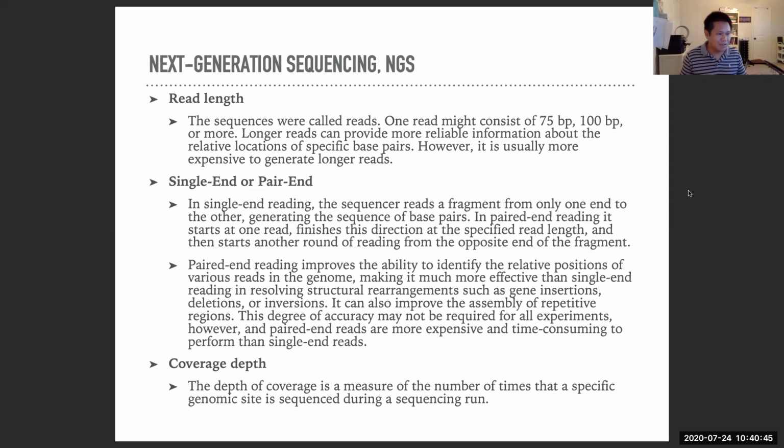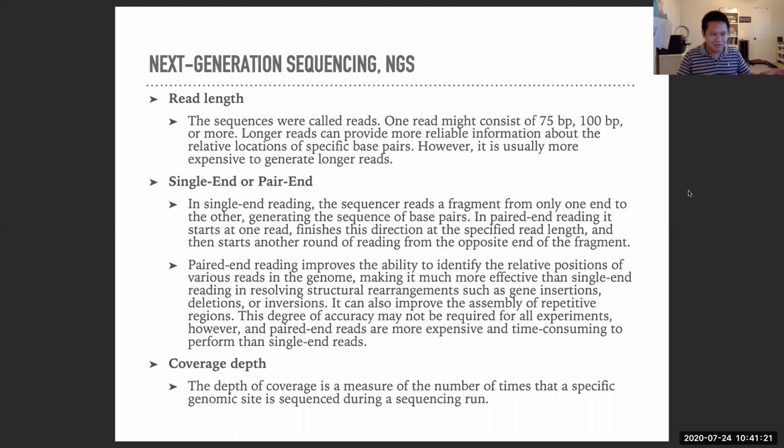Paired end is important because, first, it gives you more sequencing information. Second, say I have a really long fragment, like 6,000 base pair, and I do 150 on one end and 150 base pair on the other end. When I map those two reads back to the reference genome, because I know the fragment might be 6,000 base pair, I expect to see them far away from each other.